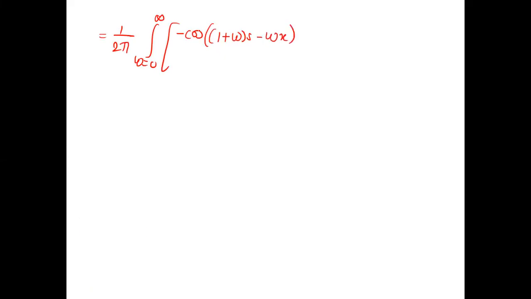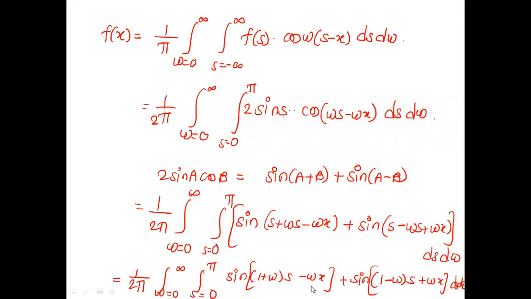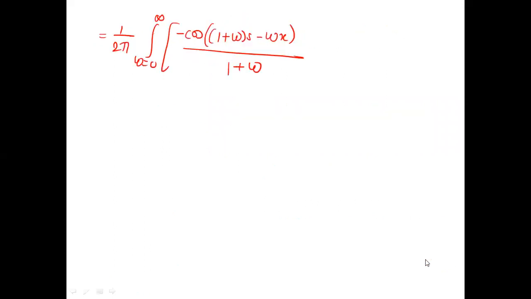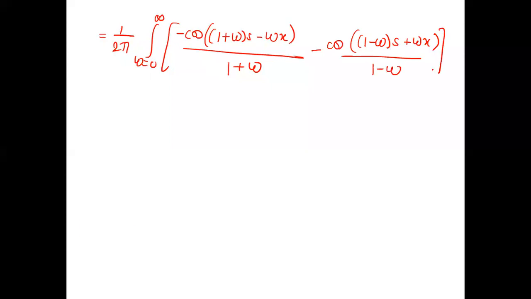Integration of sine, I have written minus of cos upon 1 plus omega. Same here, integration of this sine is minus cos of 1 minus omega s plus omega x, upon 1 minus omega. Very good.